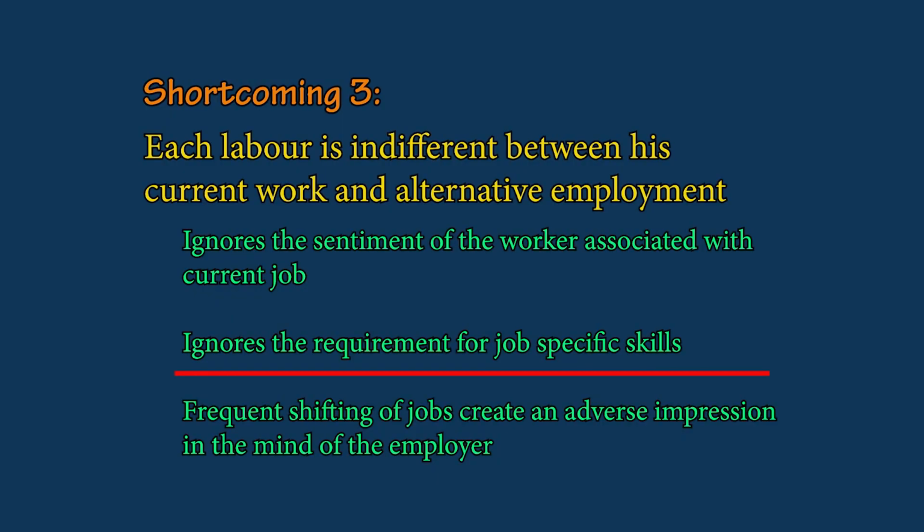Secondly, it also ignores the requirement of job specific skills. Thirdly, it also does not consider the fact that frequent shifting of jobs by workers can create an adverse impact in the mind of employers. So, there are certain problems.